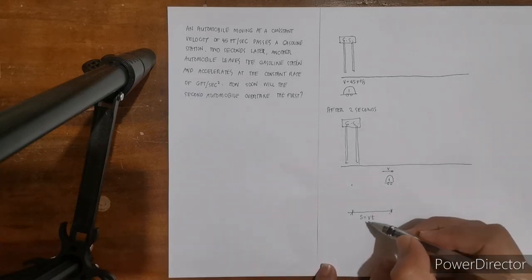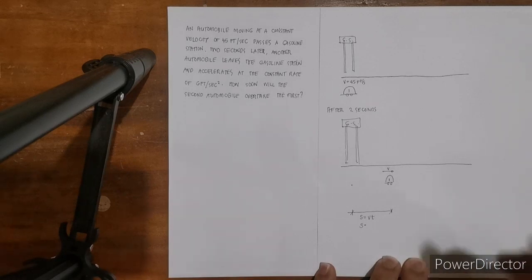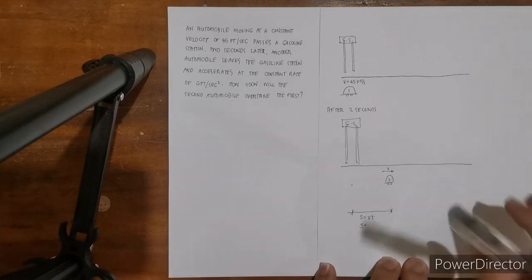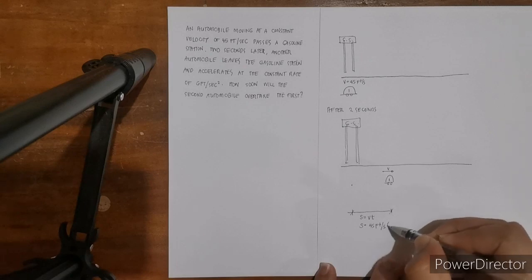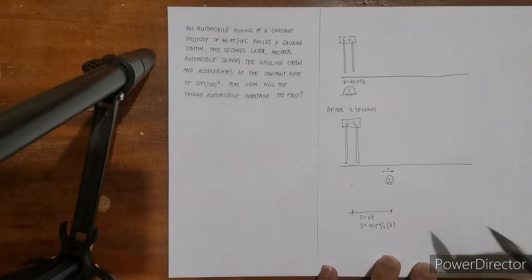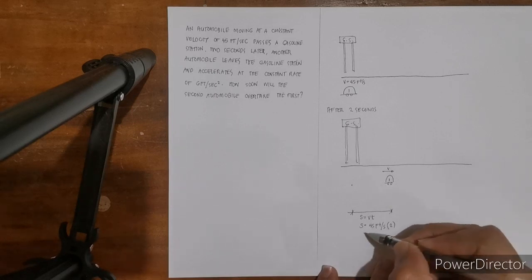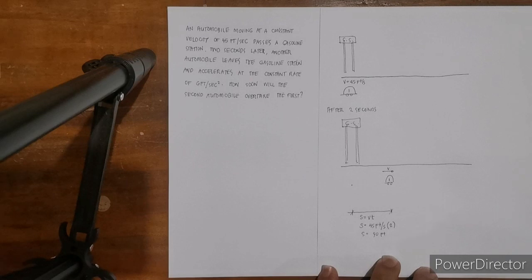Okay, so we will compute the distance traveled of car 1 after 2 seconds. That is constant velocity 45 feet per second multiplied by the time 2 seconds. So the distance traveled will be 90 feet.